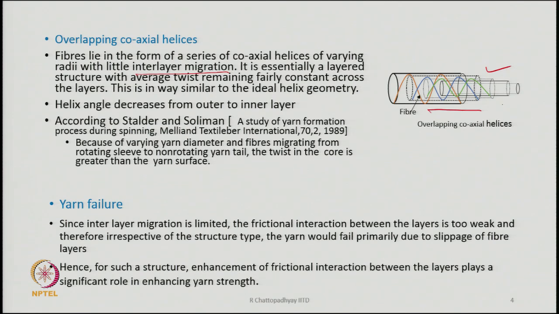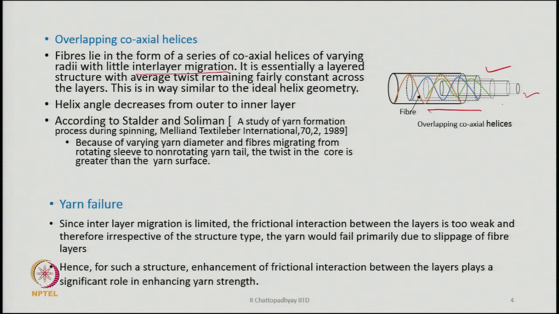As shown here, you see that there are quite a few coaxial cylinders, and a fiber is moving around a cylinder. If the cylinders are there one after the other, overlapping each other, there may still not be any migration between the fibers.